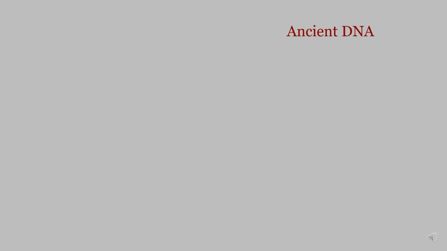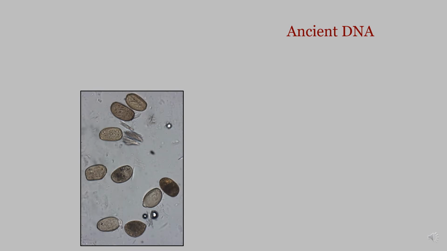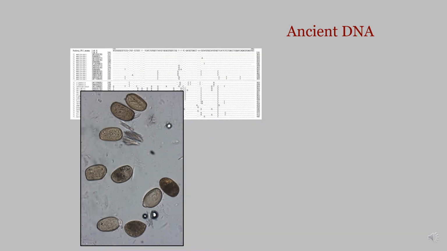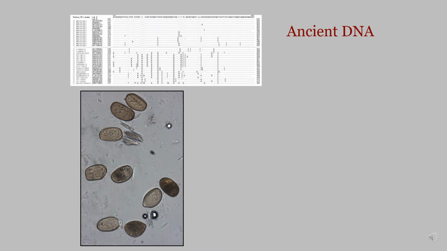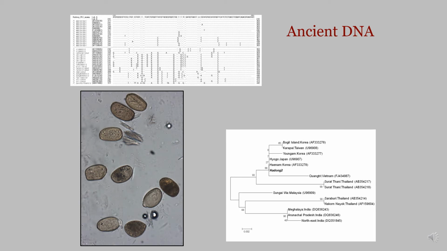And the ancient DNA is also studied. These are the ancient parasite eggs discovered in the samples from the archaeological site, and ancient DNA analysis was done using the specimen, and even the phylogenetic analysis could be done based on the result of the ancient DNA analysis.